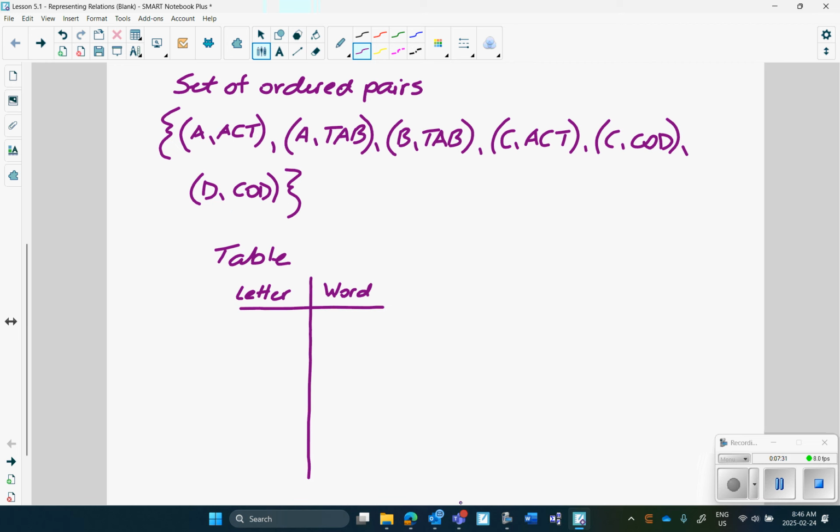So we would just write these vertically. So it would be A, act, A, tap, B, tap, C, act, C, caught, and D, caught.